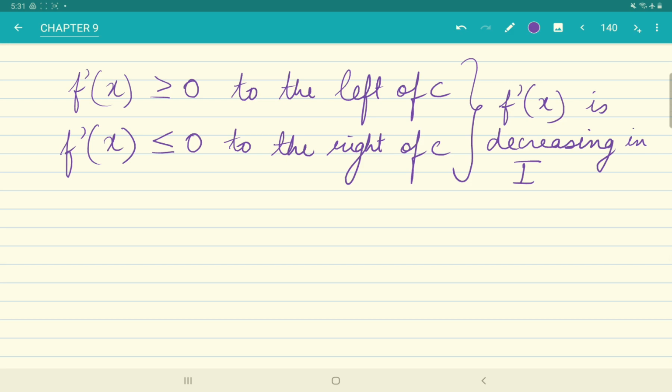So obviously to the left of it, it will be greater than or equal to 0. To the right of it, it will be less than or equal to 0, because throughout f prime is decreasing. So at C, f prime is 0. To the left of C, it will be greater than or equal to 0. To the right of C, f prime will be less than or equal to 0. That's just because I know that f prime is decreasing in I.